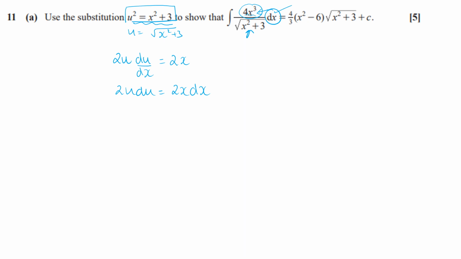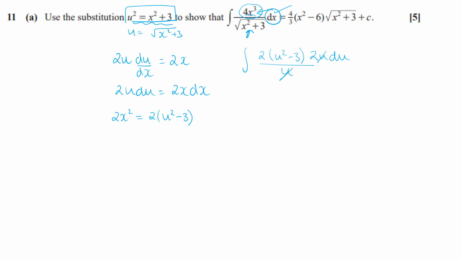So I've got 2x. In order to get 4x cubed, I need another 2x squared. And I can see that x squared is u squared minus 3, so 2 of them is going to be 2 (u squared minus 3). So now I'm ready to make the substitution. I'm going to have on the top a 2 into (u squared minus 3) times the 2u du all over u.